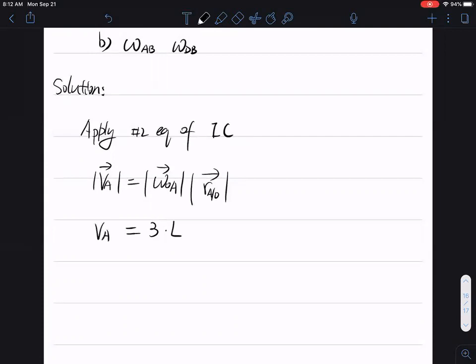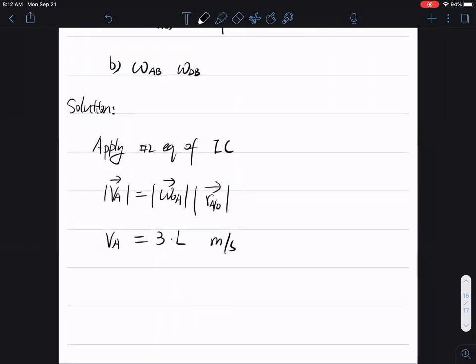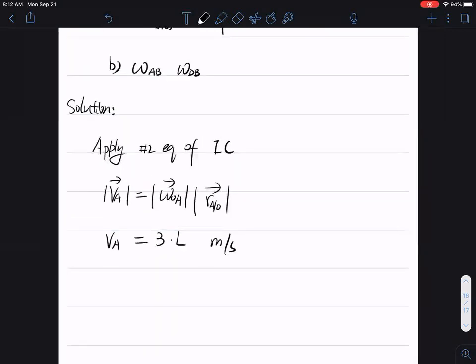VA is 3L. The unit should be just meters per second. So now we know the speed of one point, A.